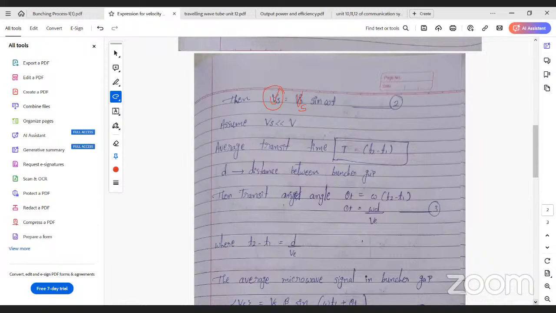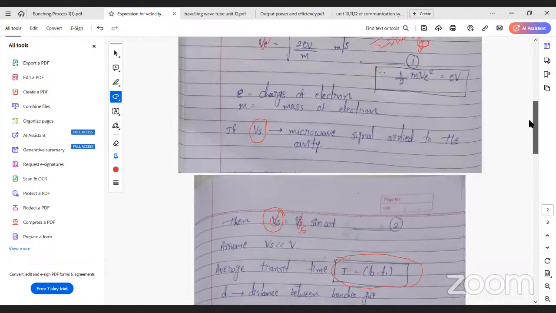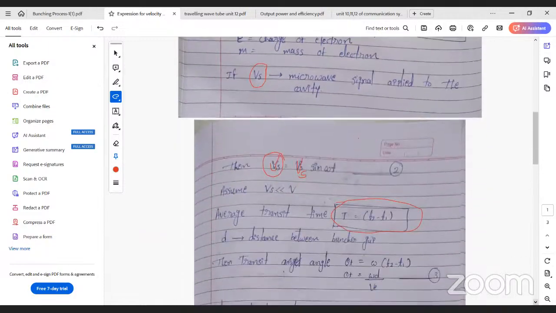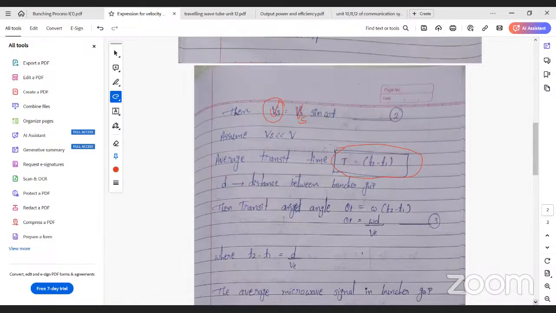Here we are taking the transit time, entering and exit time. Capital T equals T2 minus T1. From the diagram, entry time is T1 and exit time is T2: leaving minus entering is called the transit time, where D is the distance.